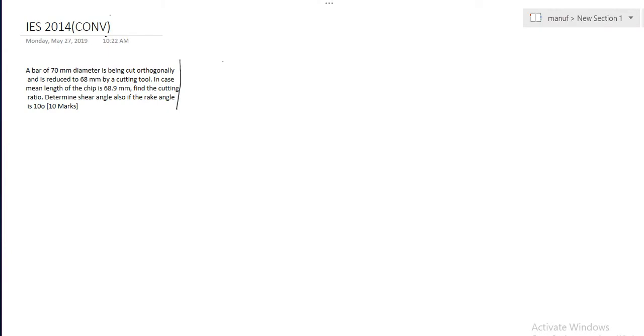So by volume conservation, I can write T into B into L equal to TC into BC into LC. Here the mean length of the chip is given, so LC is given.